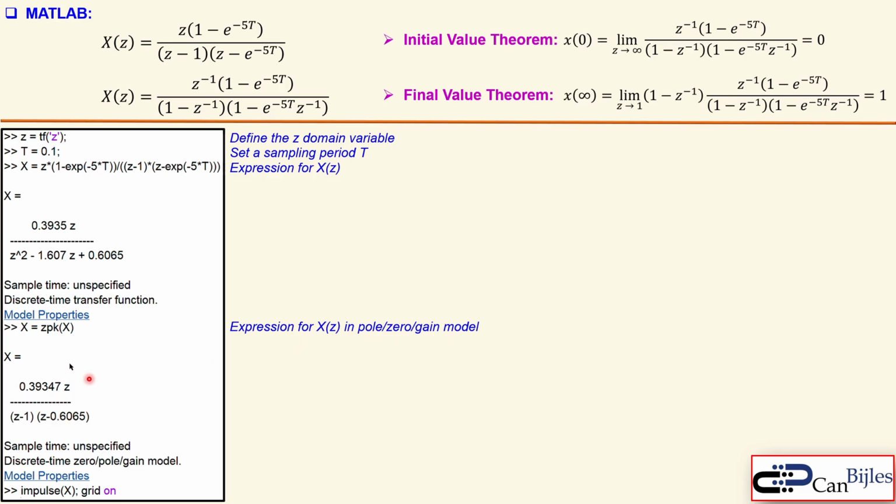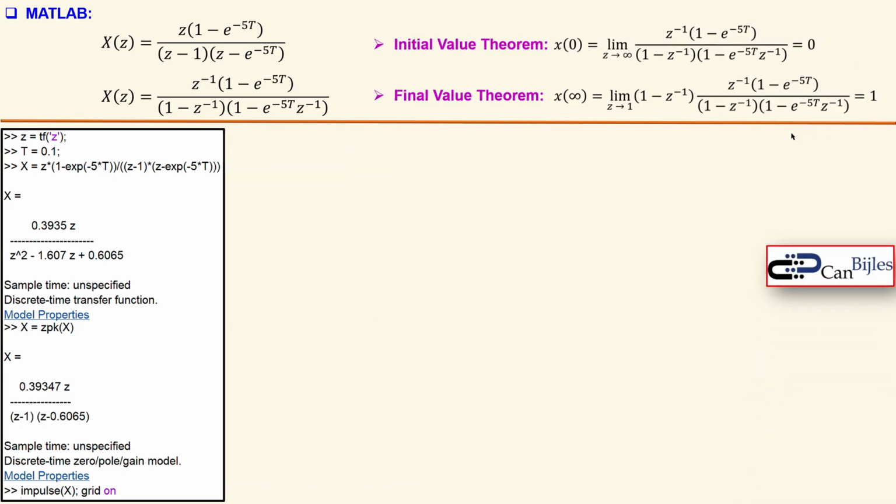Then you have it in a more convenient way, so you can look at it and recognize the poles and the zeros of your system. Finally, we can make an impulse response to see that in the time domain. What is really happening if this function starts at 0 and approaches 1 as we have calculated? So let's do that.